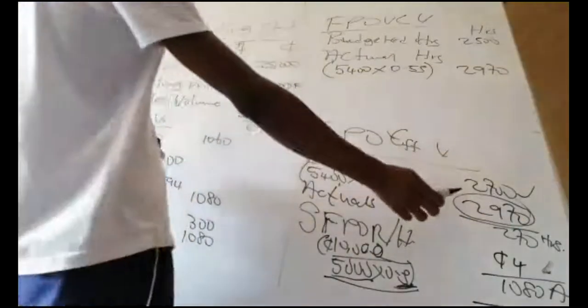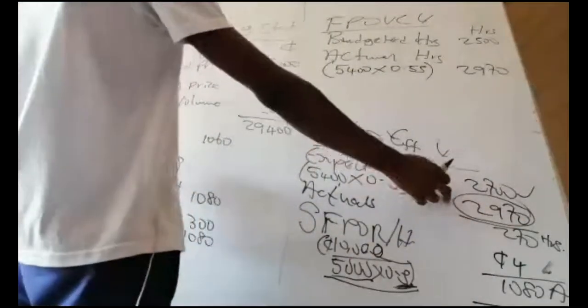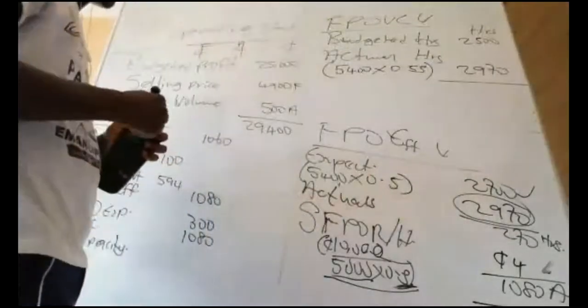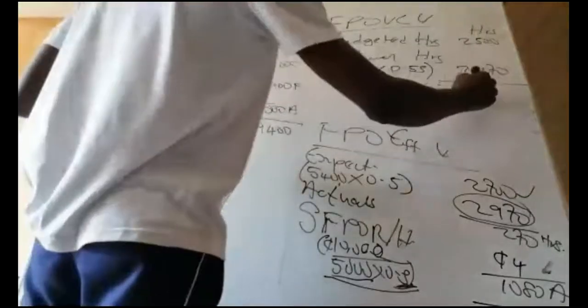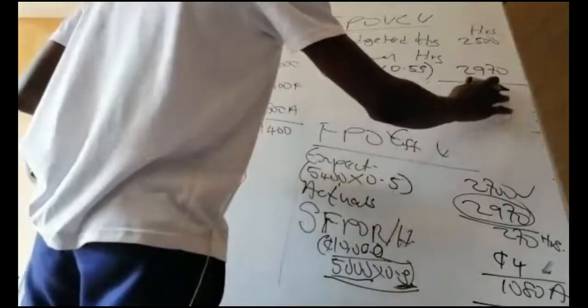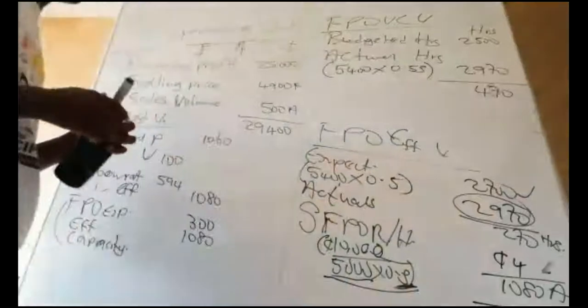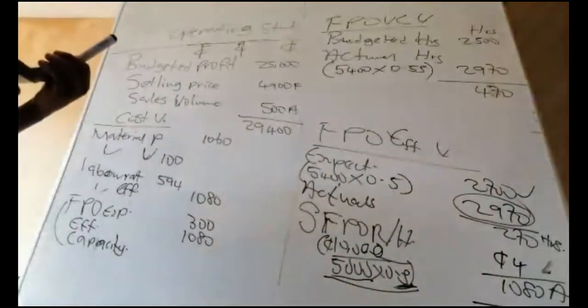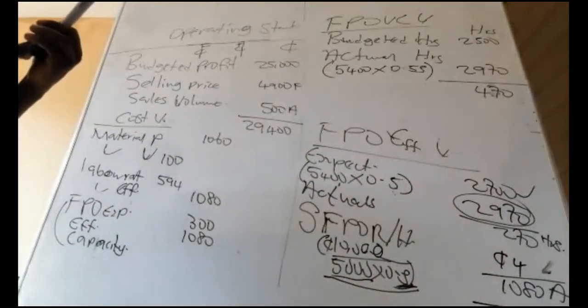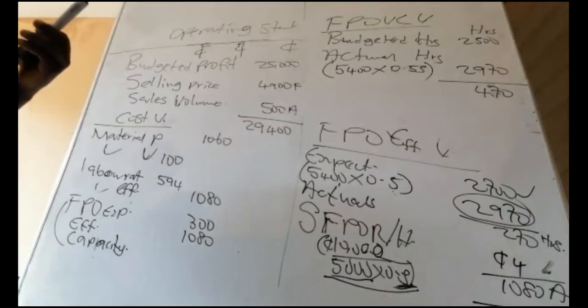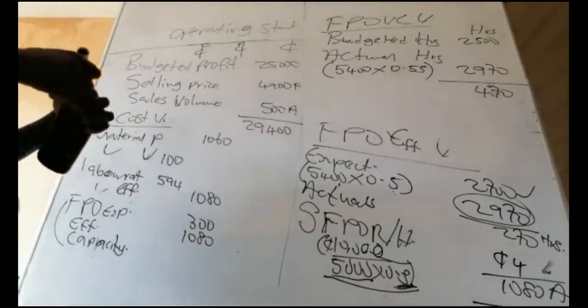Shall we calculate it, guys? Now here the difference will be 470. That's 2,500 less 2970. Good, 470.